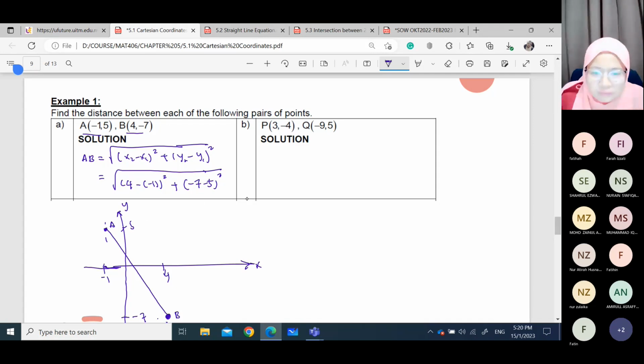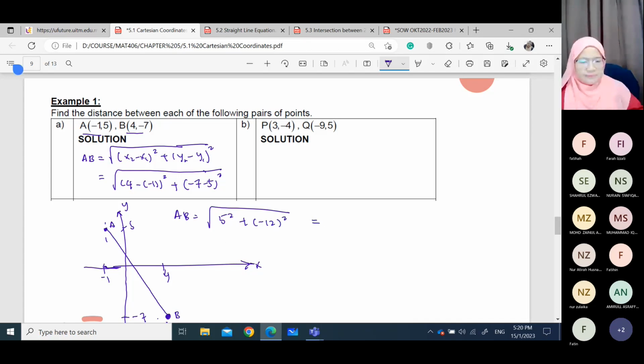Okay. Cuba selesaikan dapat berapa? Sambung sini. So AB equivalent with square root 4 negative 1. So kat sini kita dapat 4 plus 1, 5, 5 squared. And then plus negative 12 to the power of 2.